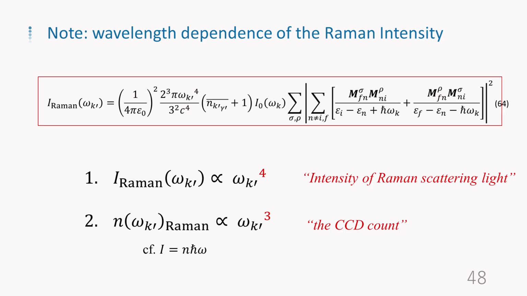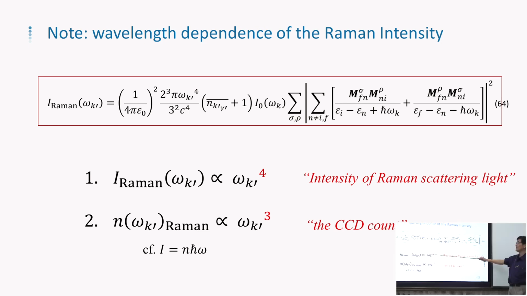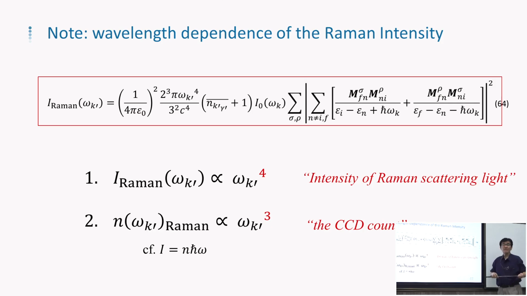One more important note. I explained Raman intensity is in proportion to the fourth power of the Raman scattering frequency. According to this equation, it's true. This is the intensity of the Raman scattering light. Please remember, in many cases, we record Raman scattering using a CCD detector. That is an instrument to convert photon energy to electron energy.